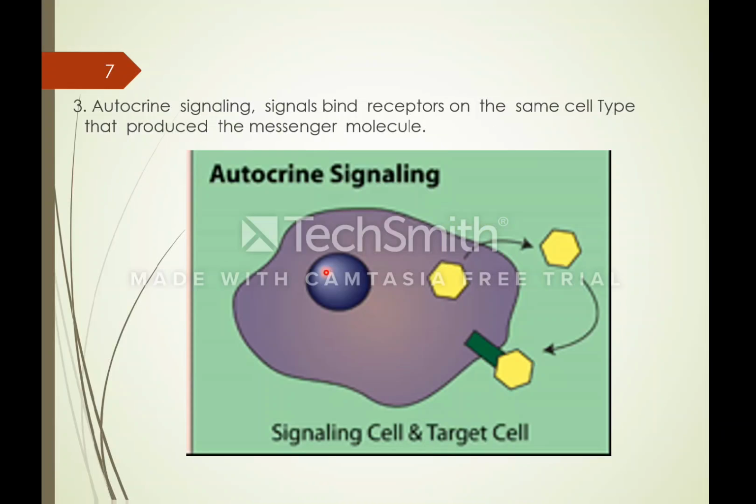Autocrine signaling: signals and receptors are on the same cell or same cell type, which produces the messenger molecule and joins it to its receptor on the cell itself.